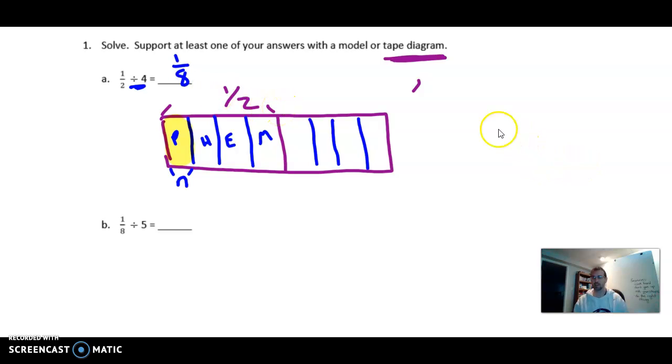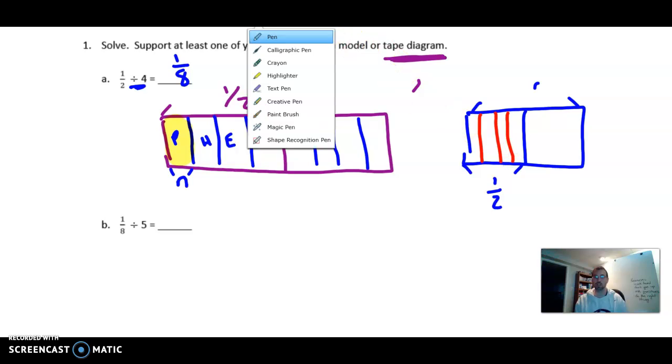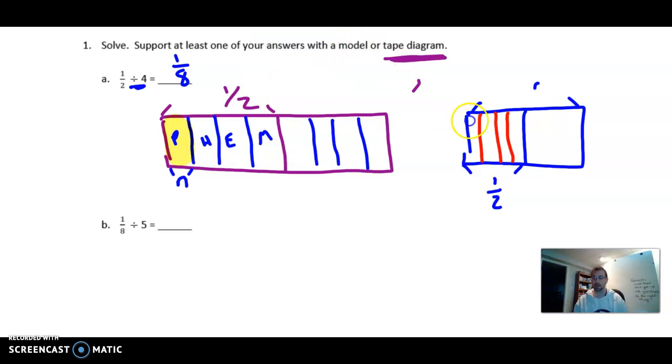Now, as I was saying that, it sounds pretty interesting that if I had a whole candy bar, let's label this here as my whole, and I'm only taking half of it. Here's my half. And then I'm going to decompose this into 4 parts, just as we did moments ago. There's my 4 parts, and I'm looking just for the 1 piece. Again, highlighting just this 1 piece.